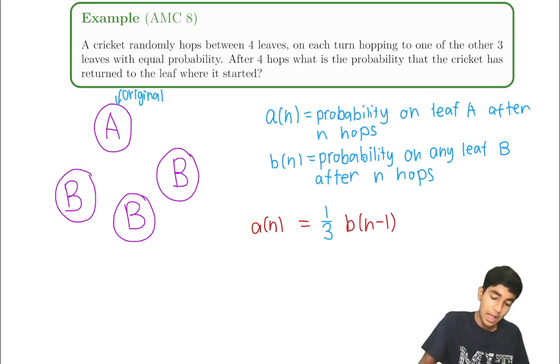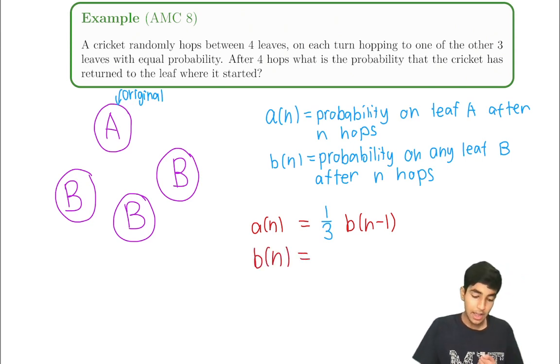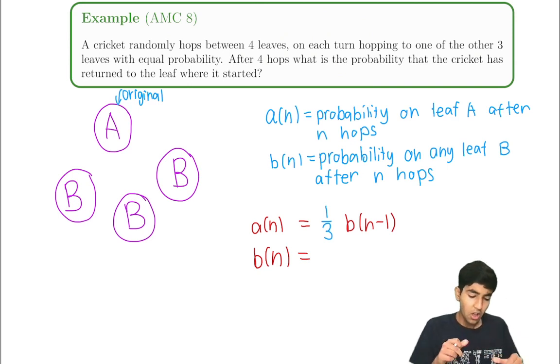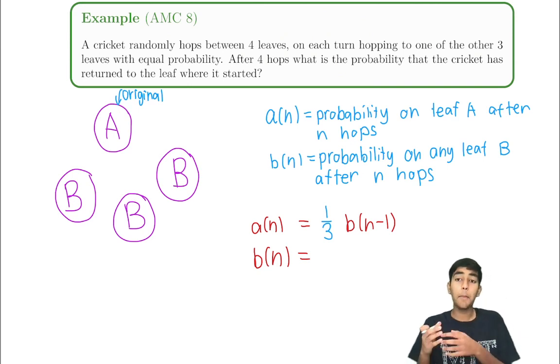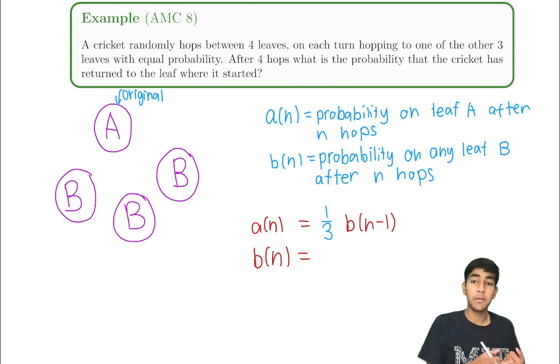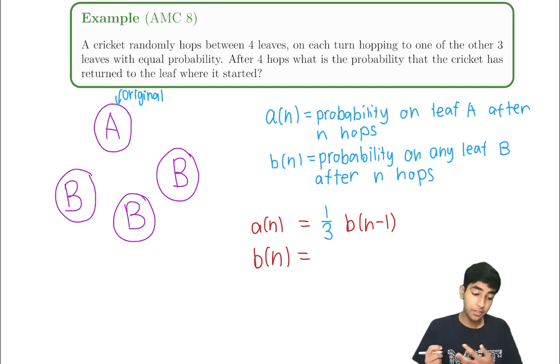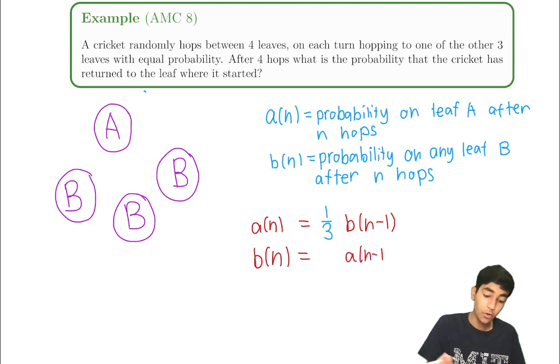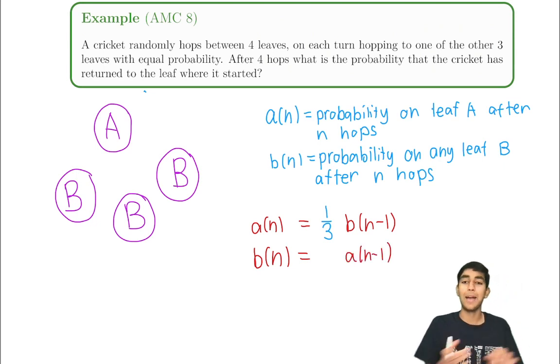Now, what about B of n? We can write a similar recursion. B of n is a little bit more involved. So how can you reach a B leaf after n moves? So the idea here is that the B has different possibilities. Let's say that we were on a leaf after n-1 moves. I keep saying lily pad.